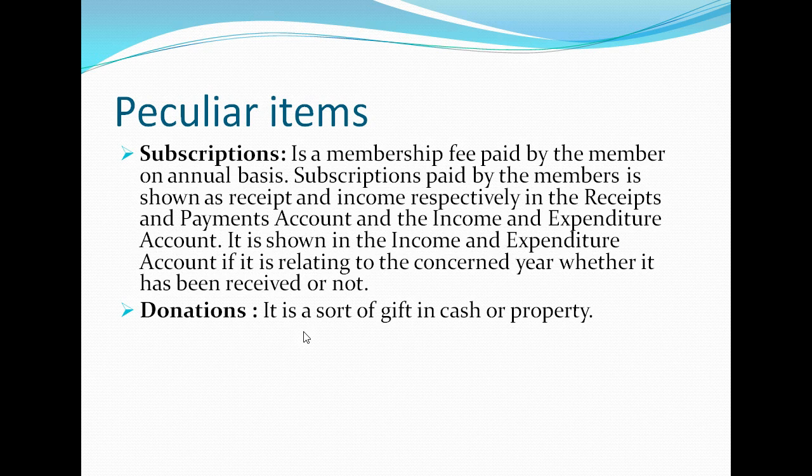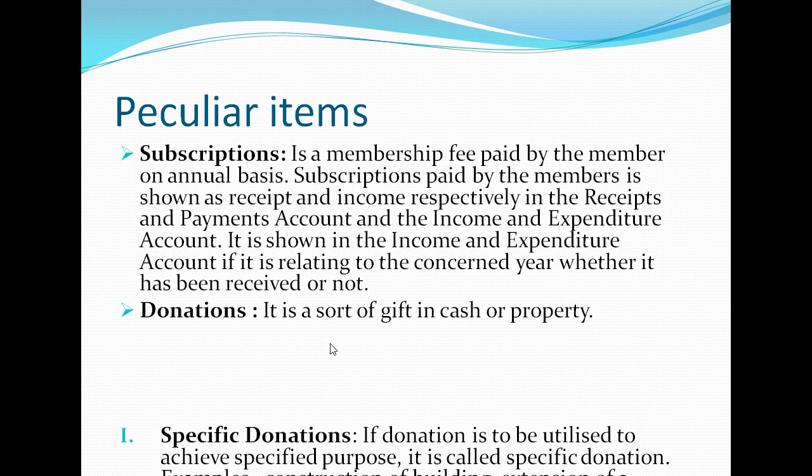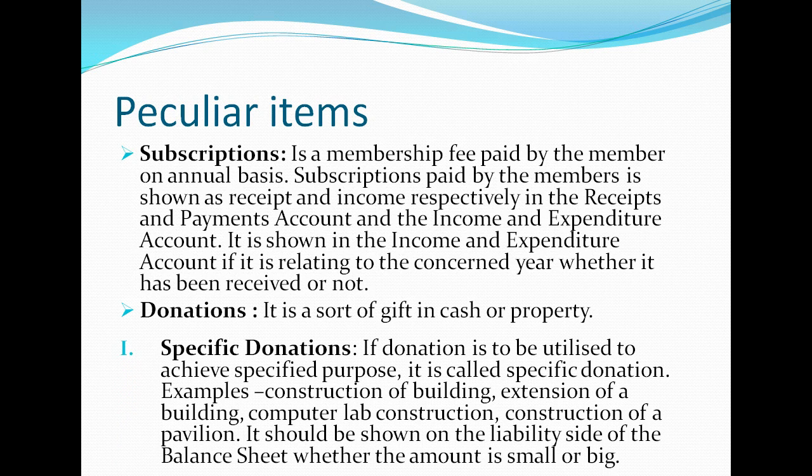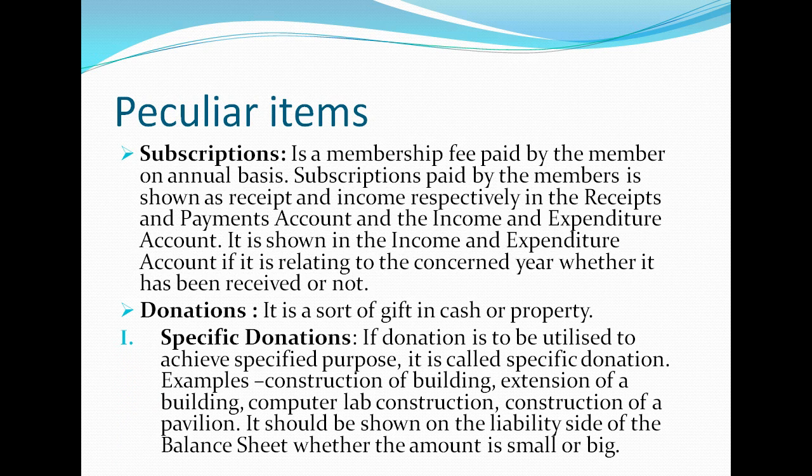Another item that we are going to take up in the preparation of the income and expenditure account as well as the balance sheet is donations. It is a sort of gift in cash or property. There are two kinds of donations. One is specific donation and the other one is general donations. Specific donation is to be utilized to achieve specified purposes.